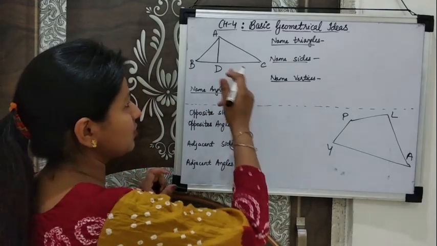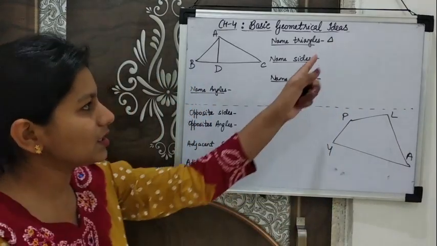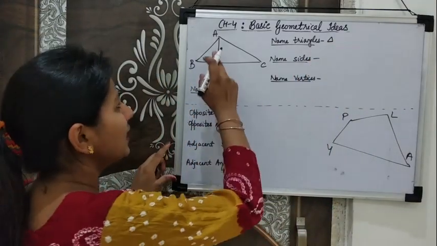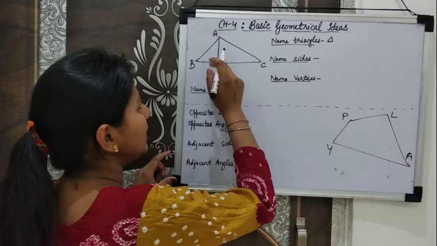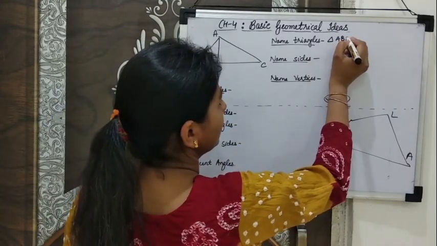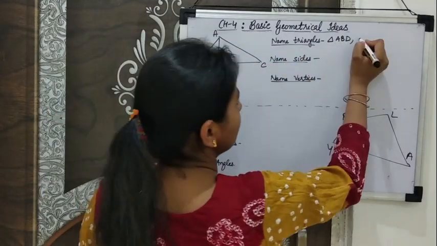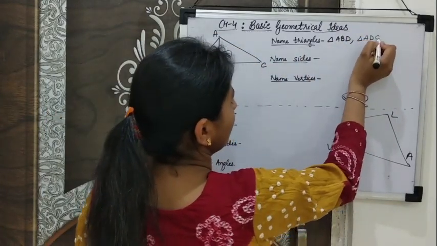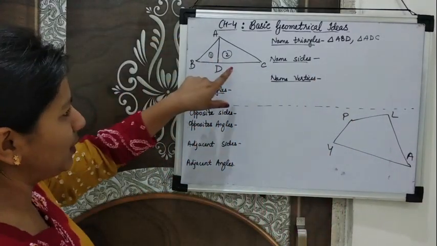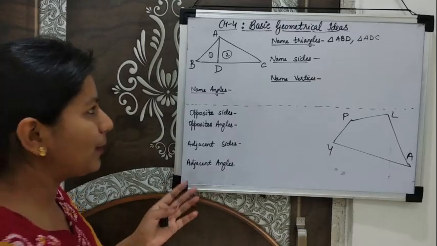Just name these triangles. For triangle, I am having this symbol. This is the symbol for triangle. One is triangle ABD. This is first triangle. Triangle ABD. This is another triangle. Triangle ADC. We can write it anyway. Triangle ABD also, triangle ADB also, triangle BAD also. Now आप कैसे लिख सकते हैं?